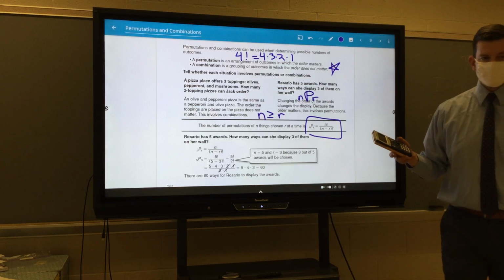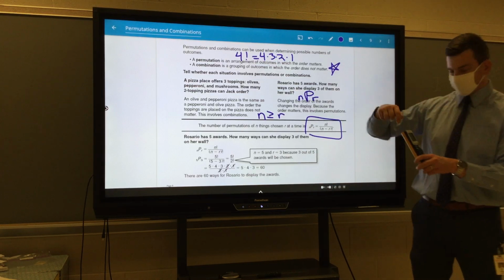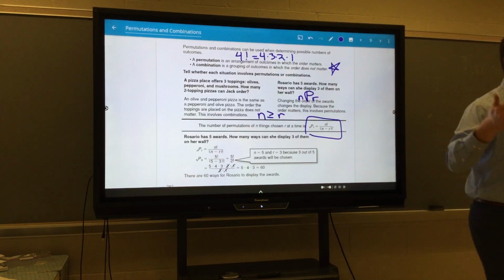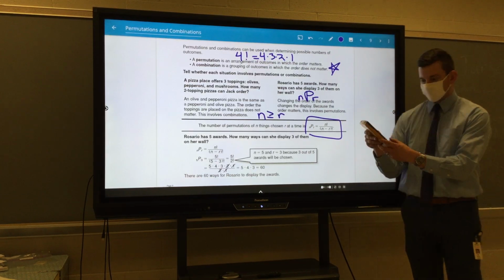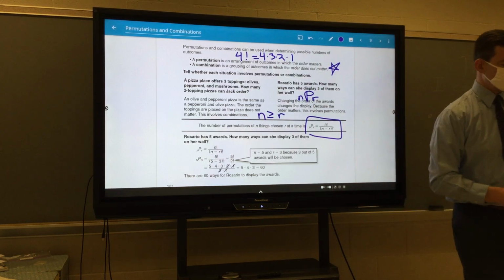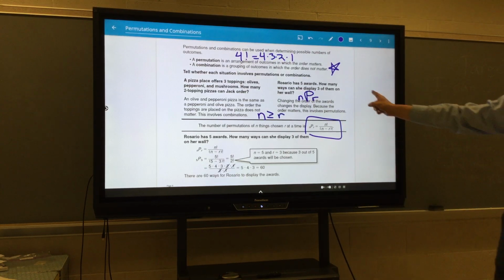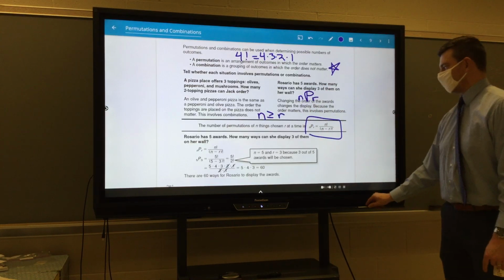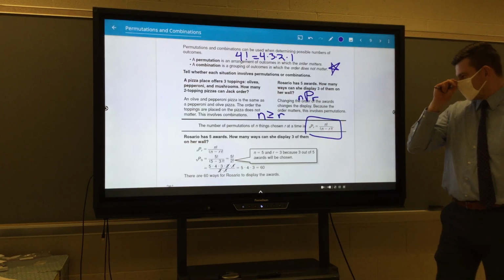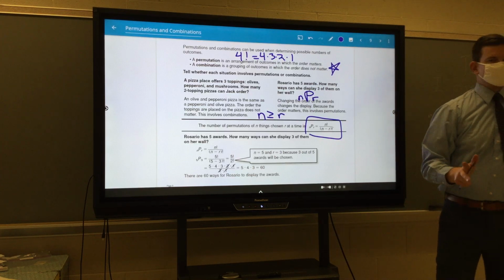But more importantly, above that, you have nPr and nCr for permutation and combination. But you could select the 4 factorial. There's the 24. Again, I'll pull this up on the screen in a few minutes. It's just a lot of work to go back and forth. I'm fine with you using the calculator.